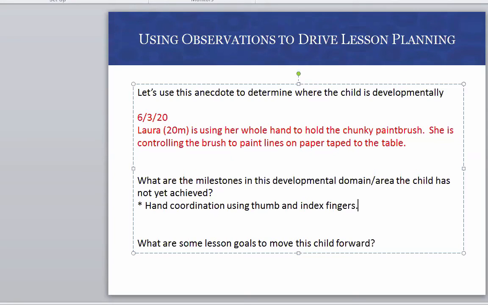All right. So that's something we need to work on with their grip, right? Would you agree that's something we need to help develop for this child? Okay. I'm going to make this red so it stands out for us.